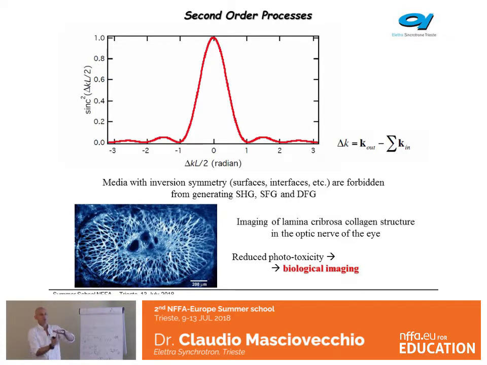If you look at a surface from here, it is one thing. If you look from below, it is another thing. So it's non-centrosymmetric. That's why people were using tabletop lasers, second harmonic or sum frequency generation, to do imaging of biological systems, because you can really get information about the surfaces, okay?